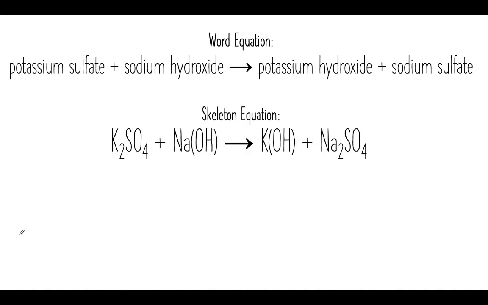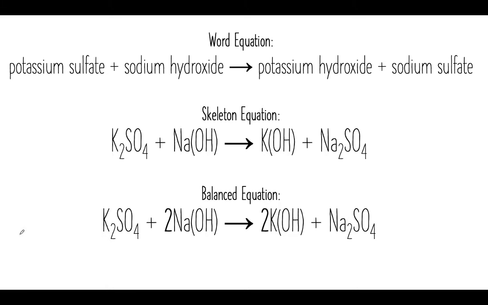So taking it a step further, a balanced chemical equation includes coefficients to designate the number of chemical formulas for each compound. If you take a look here, in this skeleton equation, there is no coefficient. Whenever you don't see a coefficient, you can assume that it has the number 1 here.